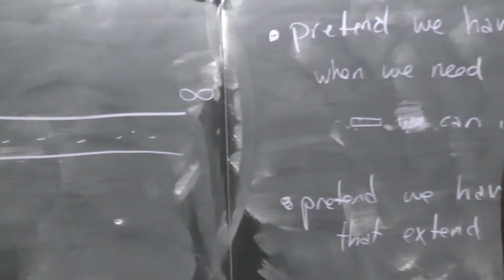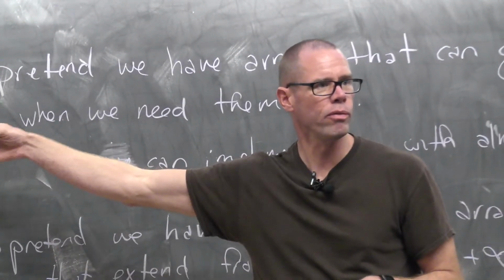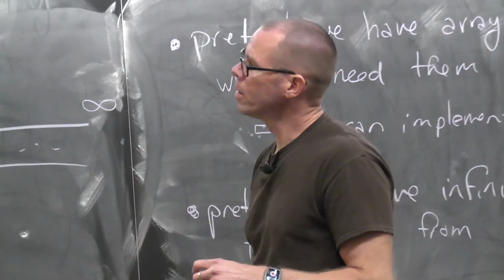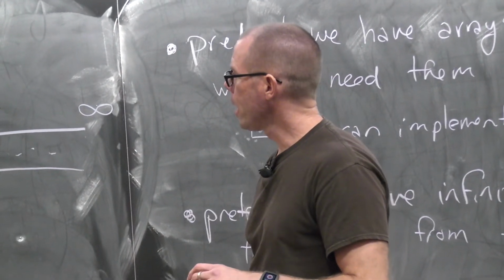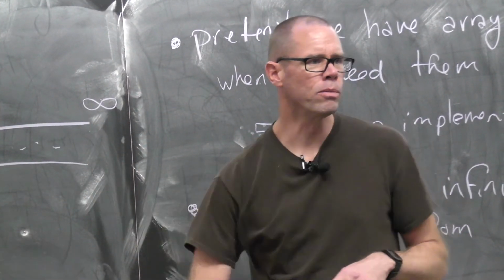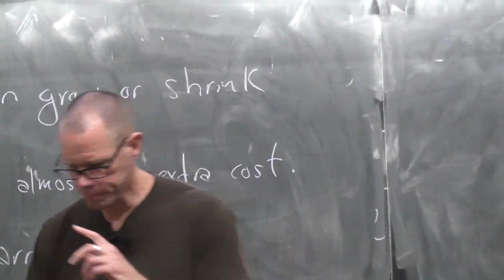So it's certainly true that we don't have this in a real computer. We don't have infinite arrays. We don't have infinite amounts of memory in our computer, and this indexing from minus infinity to plus infinity also seems a bit fishy. But let's pretend we have that for now.